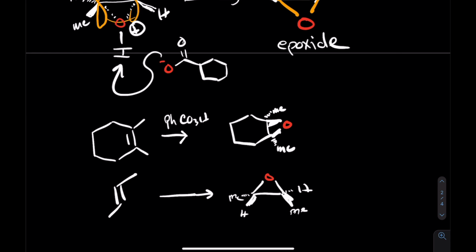So one cool thing that epoxides undergo is this: if you can make that ether oxygen, so this carbon, oxygen, carbon, that's called an ether, and the whole thing's called an epoxide, if you can make this oxygen want to break up with the carbons, it'll do so pretty easily.